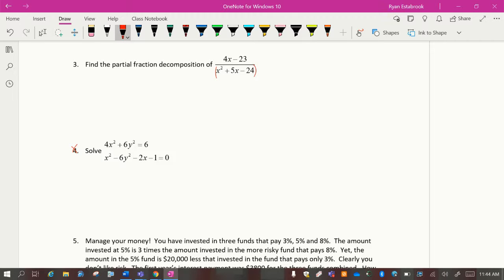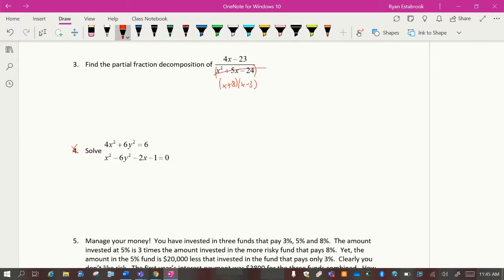Factor that. It's going to factor as x plus 8 times x minus 3.